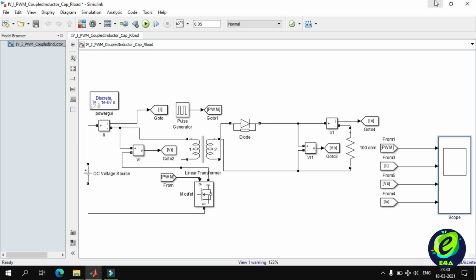We will place the diode in between but will disable its measurement port.